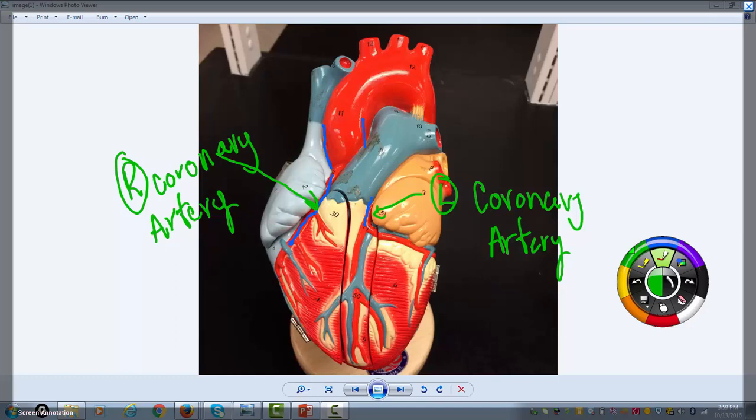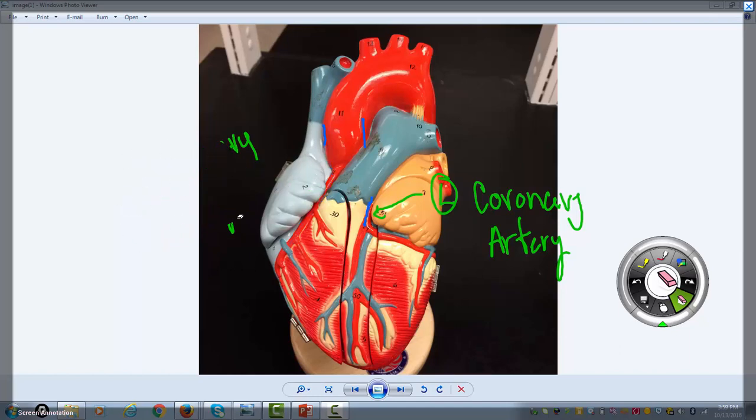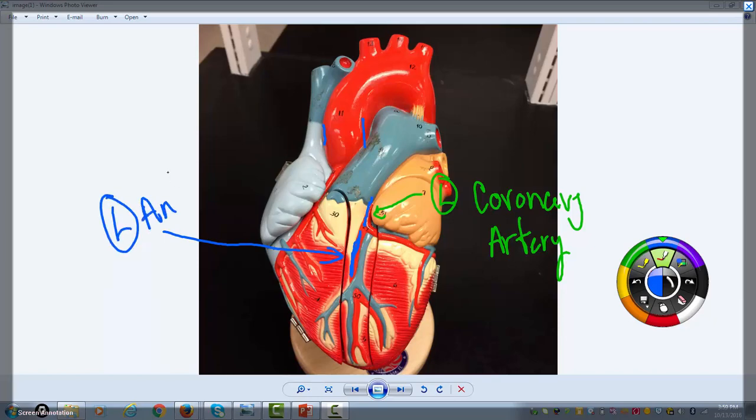Now, let's talk about this a little bit. The left coronary artery branches into two portions. This branch right here is called the left anterior descending artery, abbreviated LAD.